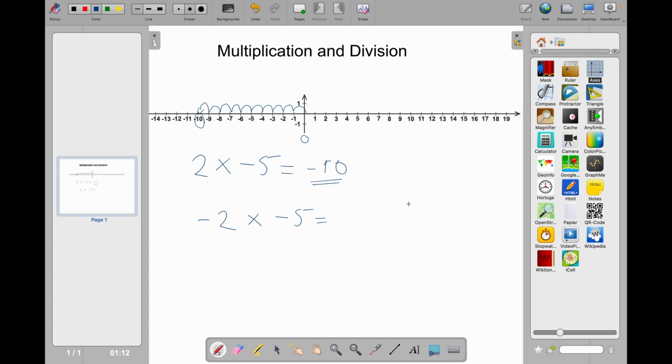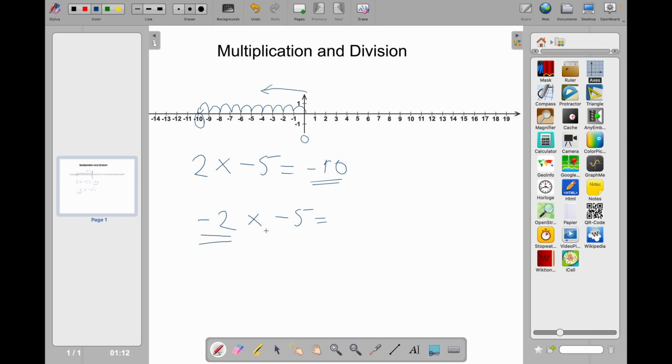Just like we do, we will start from 0 and we move 2 times 5 steps. And which direction? Then you start wondering which direction. But now, look, we have minus 2. So this minus 2 is telling us to move this direction.